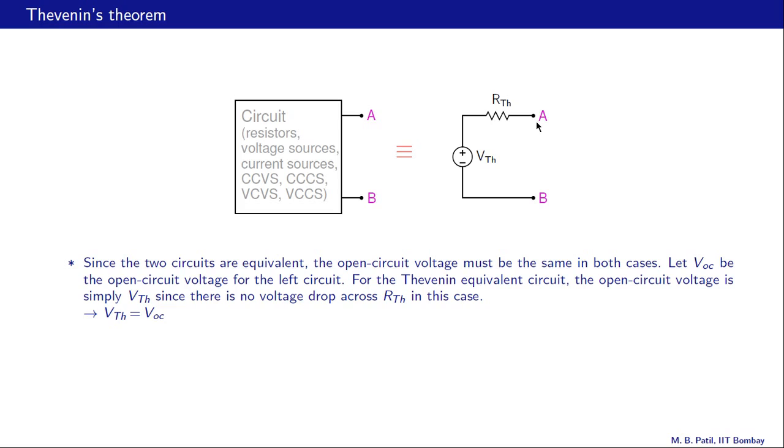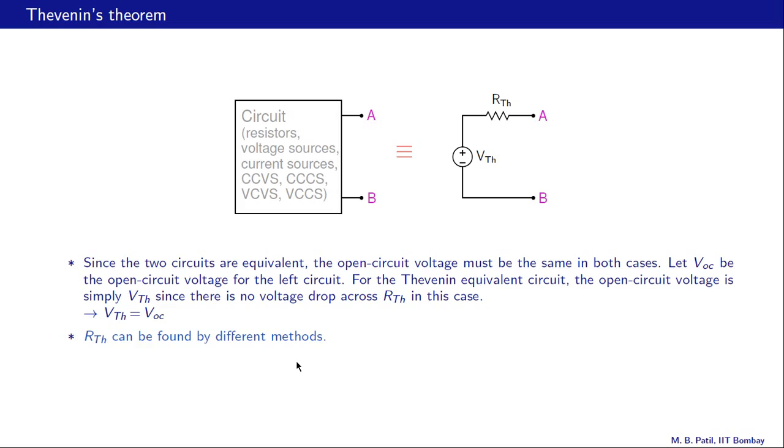If we don't connect anything between A and B, there is no current, and therefore there is no voltage drop across RTH, and therefore this open circuit voltage would be the same as this VTH. And therefore we conclude that this VTH is the same as the open circuit voltage seen between A and B in the original circuit, and that is what this equation tells us.